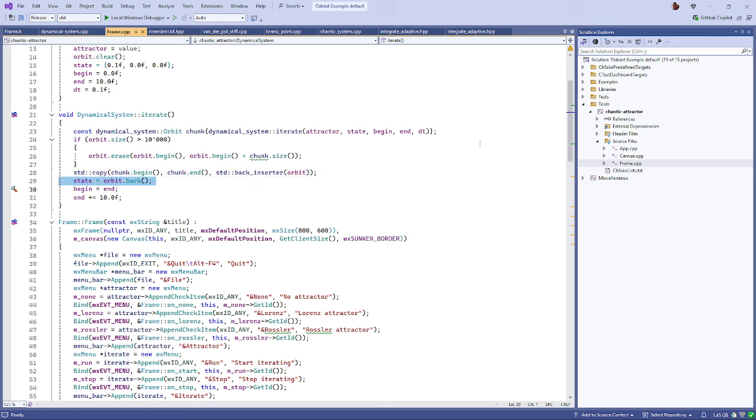I'm going to update my state so that the very last state that's computed this time around will be the initial state the next time around, and adjust my beginning and end points in time to reflect the updated state. And the rest of the code in this example is just wxWidgets code to set up an OpenGL canvas and have some menus and stuff like that, to give you the ability to switch which system you're iterating.